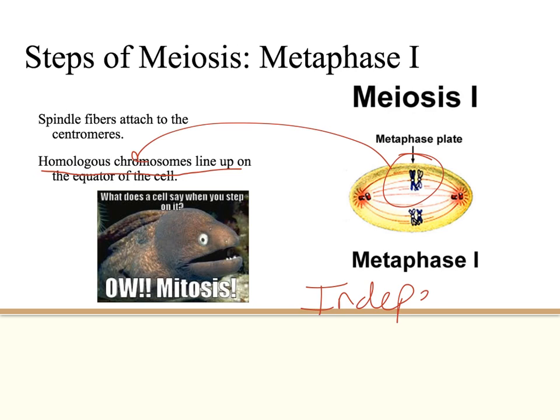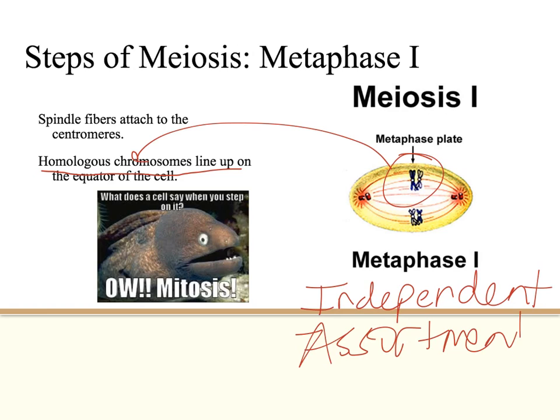Okay, so I'm going to write that one down, independent assortment. And basically what that means is that they will randomly line up. Okay, so they're going to randomly line up on that line, and what that's going to do is essentially allow for some genetic variation.